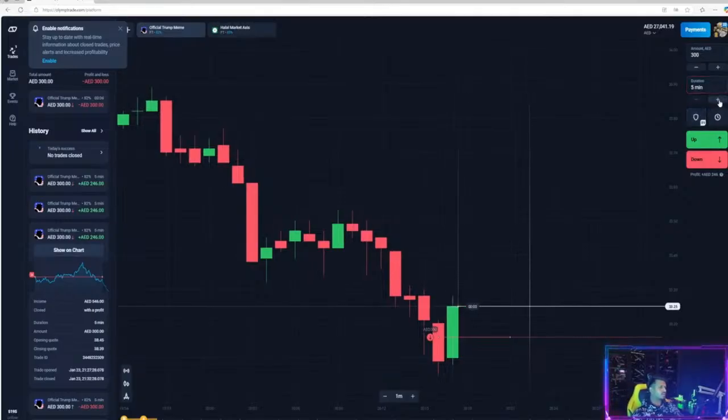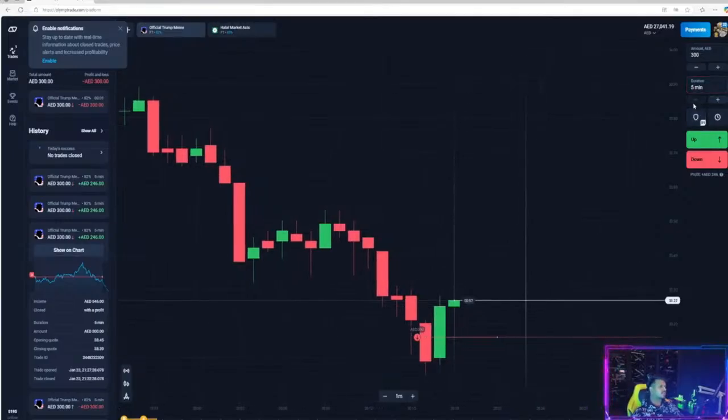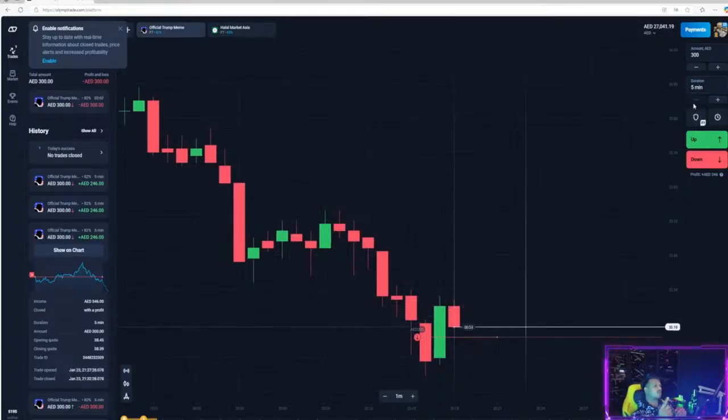So let me show you 5 minutes, 6 minutes, before 5 minutes, like 1 minute, 2, 3, 4. We can't make any trades between the 4 minutes. But if you make the trade on this official Trump meme, then we have to put the duration of the trade as 5 minutes.